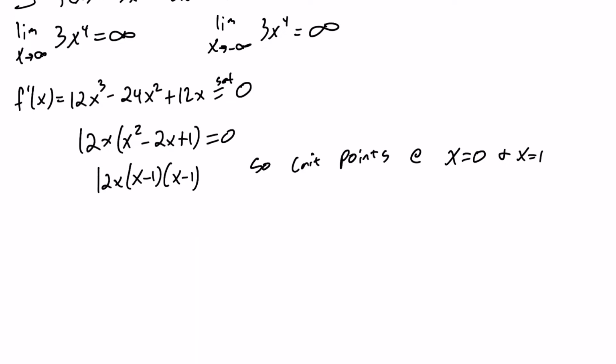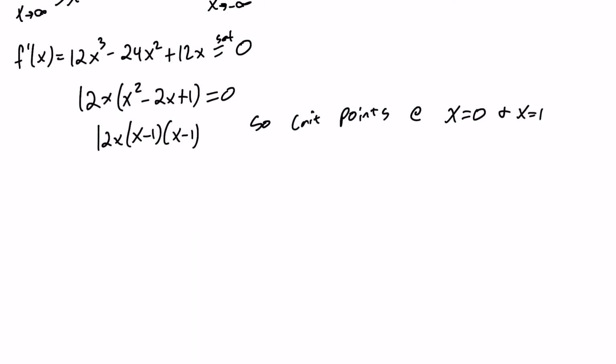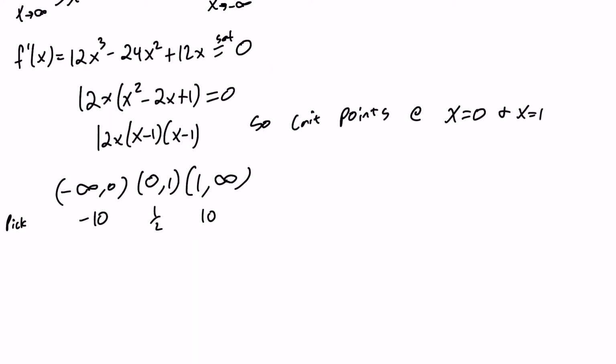Now we can use those to break the number line into intervals. We get an interval from minus infinity to 0, an interval from 0 to 1, and an interval from 1 to infinity. And we're going to pick points from each of these. So I'll pick minus 10, a half, and 10.